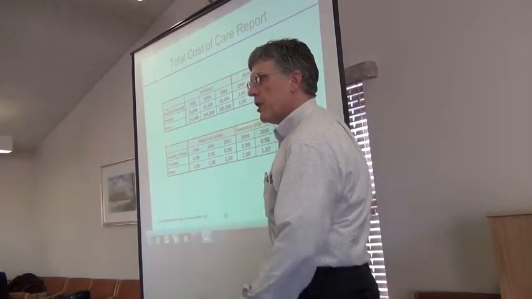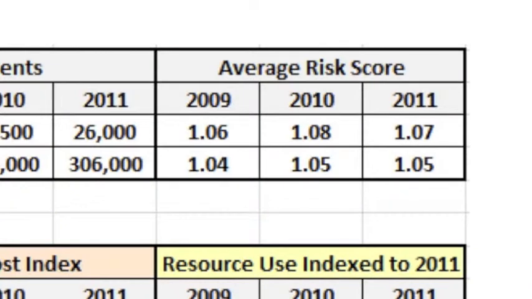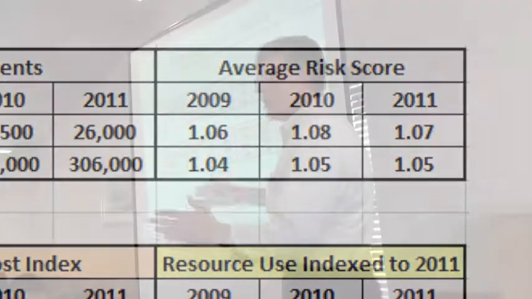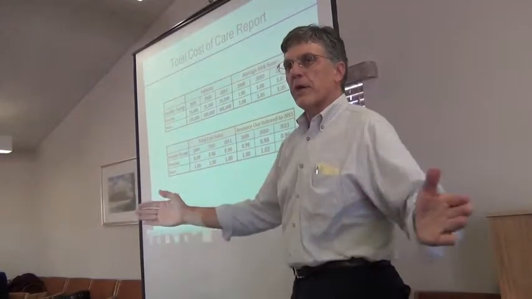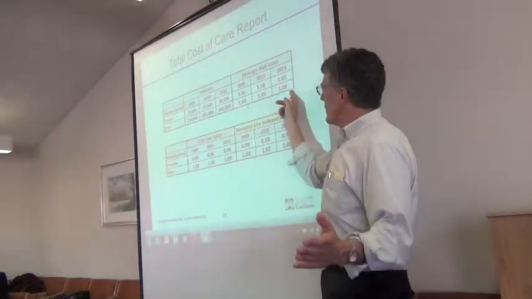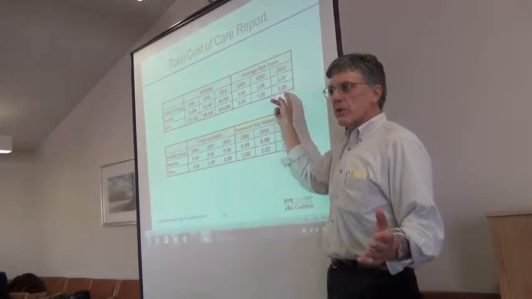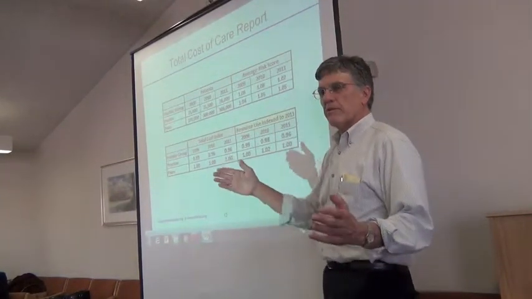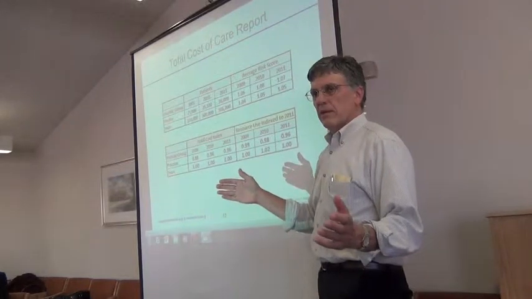The peer group is not 1, because the peer group may be Northern Maine as opposed to Southern Maine. If you want your peer group to be the entire primary care population, then these would tend to be 1. I'm just showing you this example to show that there are different ways to do this.